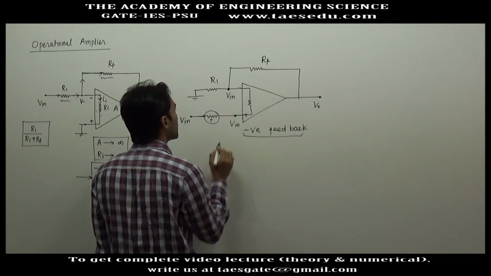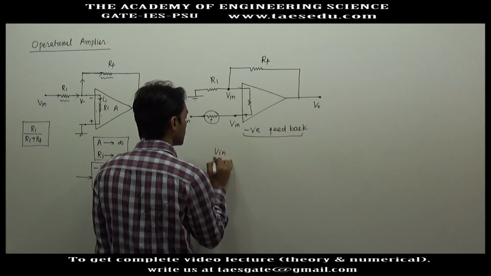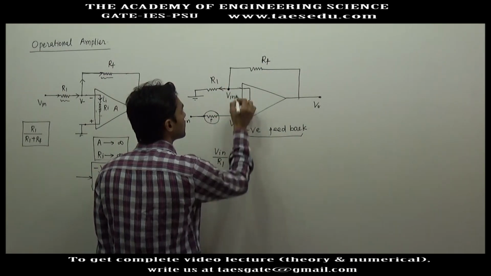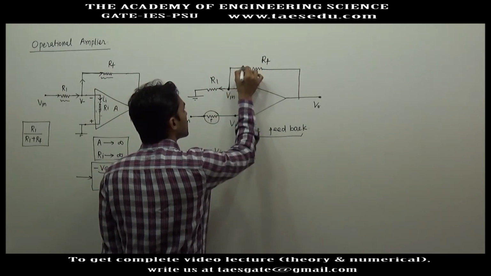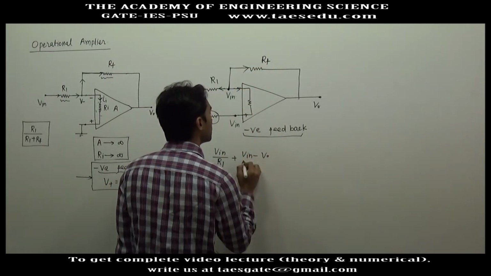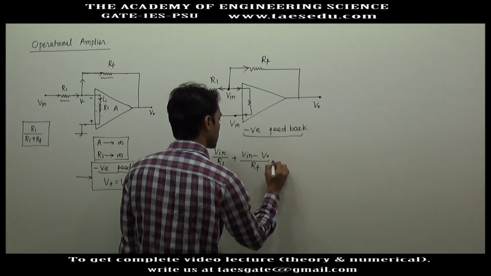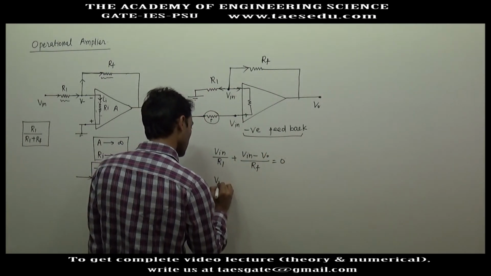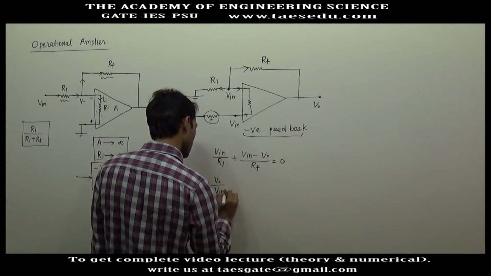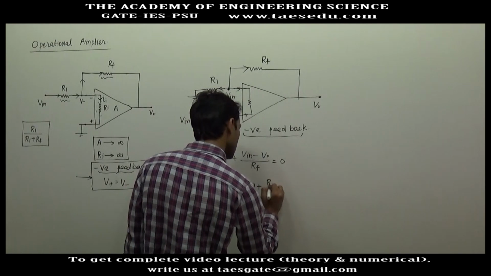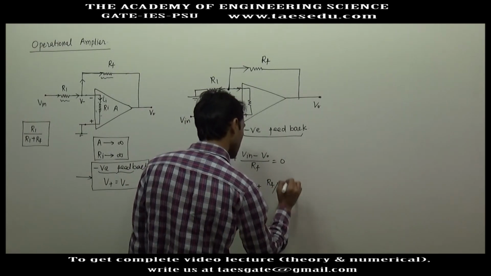So if you apply nodal analysis here, the current will be V input divided by R1. Here the current is 0. In this direction the current will be (V input minus V0) divided by RF equal to 0. So here you will get V output divided by V input, which is the gain of this system. This will be 1 plus RF divided by R1.